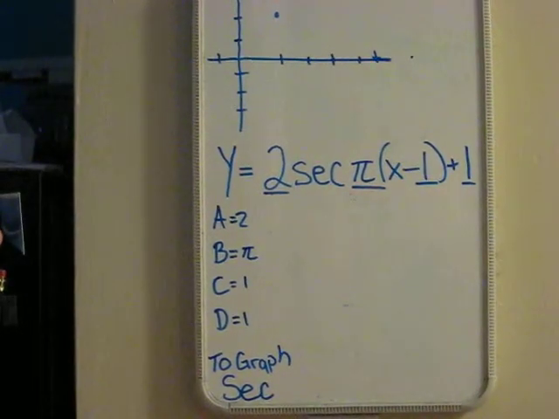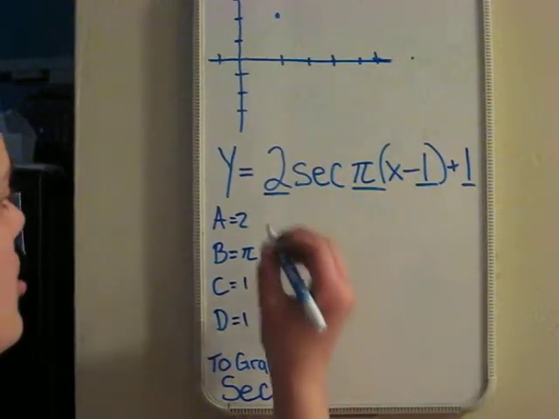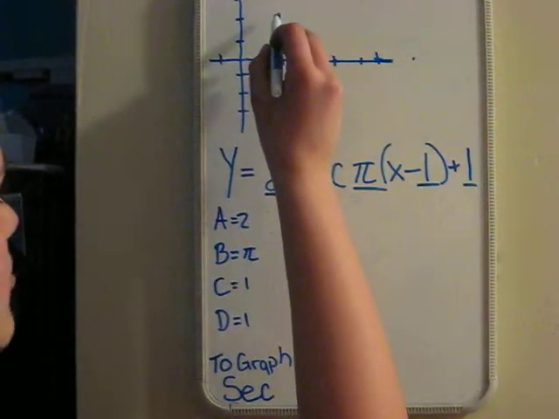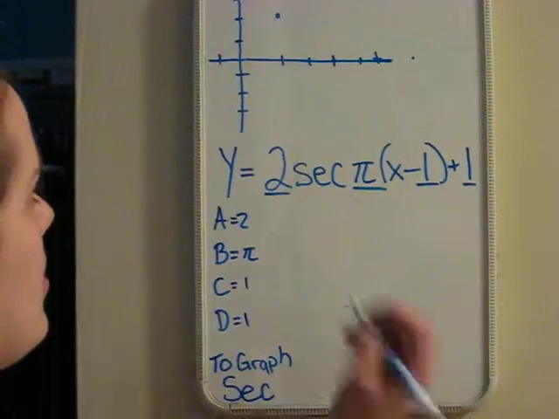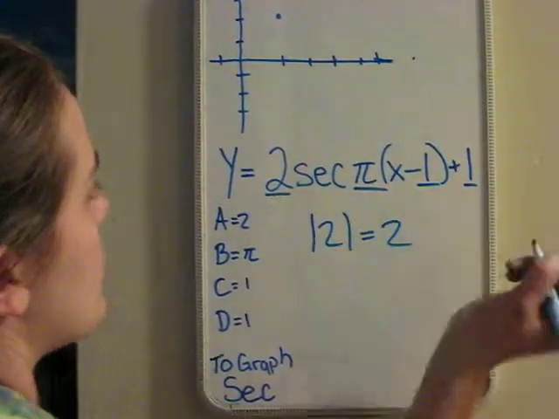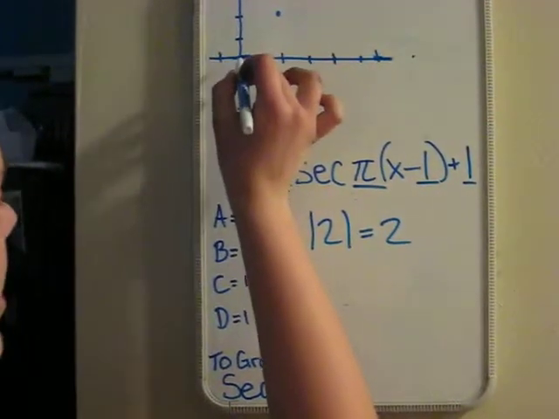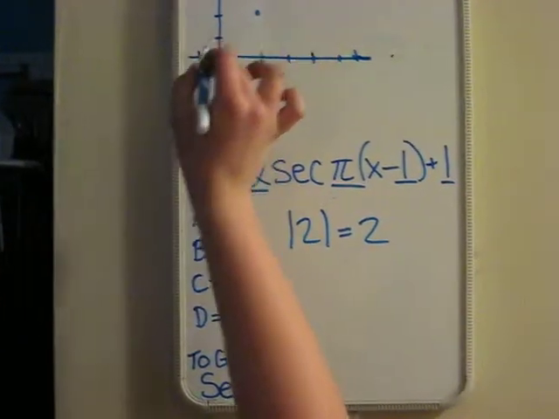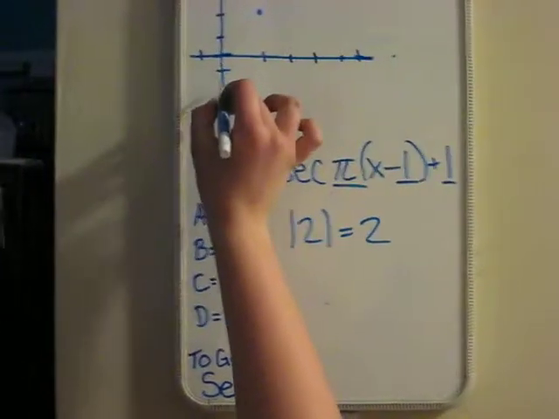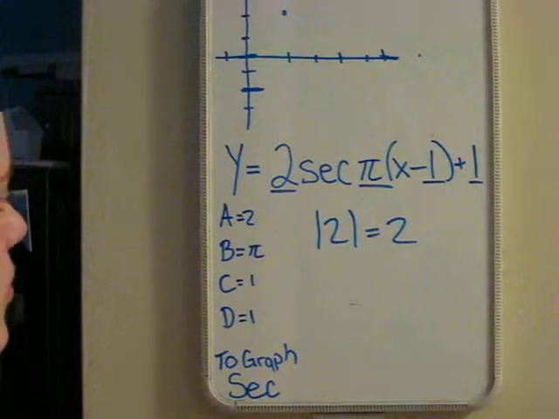In a cosine graph, it starts at a maximum. So this point is however many above the intercept, so it's the absolute value of A. Absolute value of 2 is equal to 2. So if this is our maximum, 2 below is our intercept, and 2 below that, at -2, is going to be our minimum.